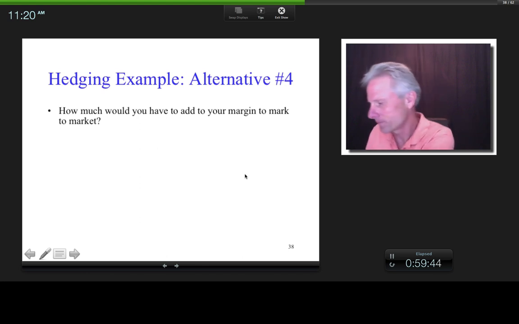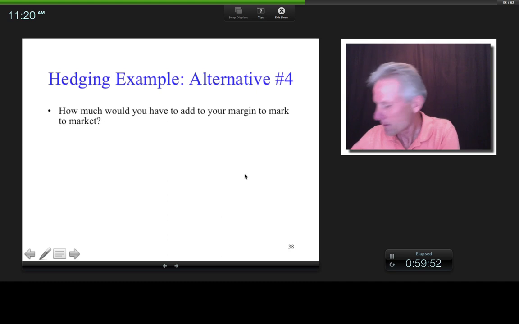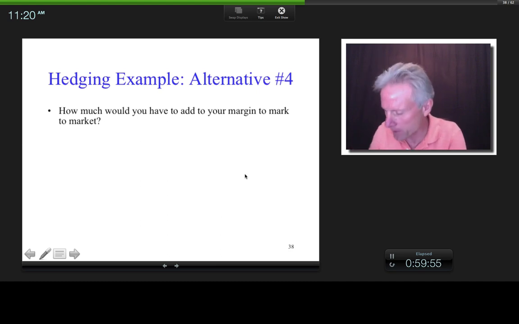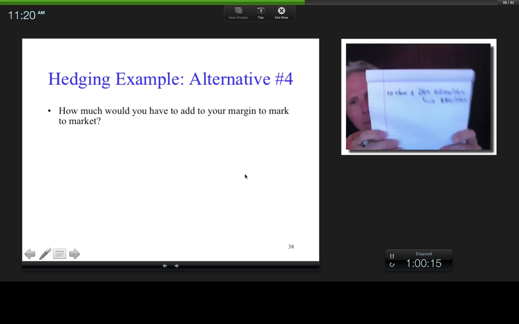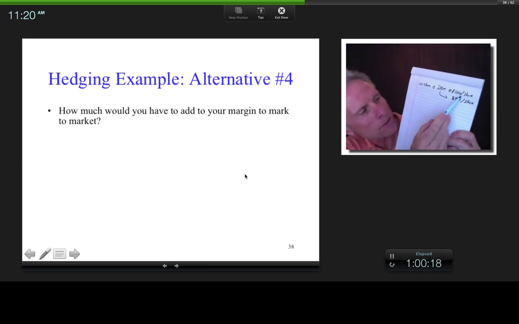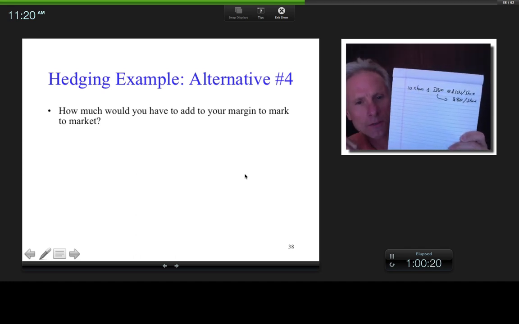Well, it's really no more complicated than figuring out how much you lost if you owned some shares of stock. Suppose you had 10 shares of IBM at $100 a share, and then IBM goes down over time to $80 a share.